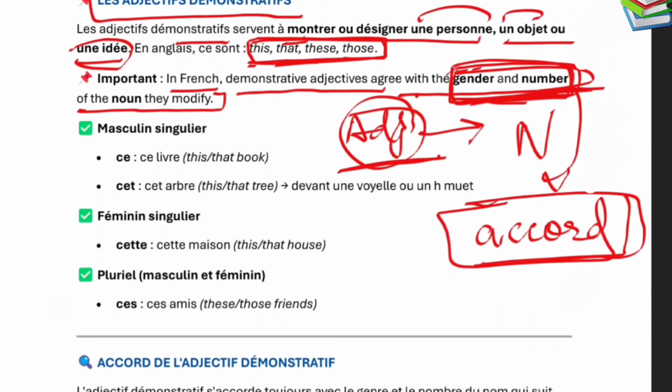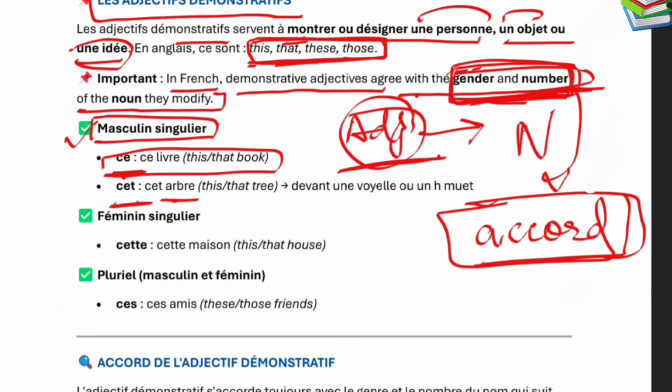Just have a look here. So first part, masculin singulier. For that, you will use ce when it is masculine, and cet when it is masculine but it starts with a vowel.